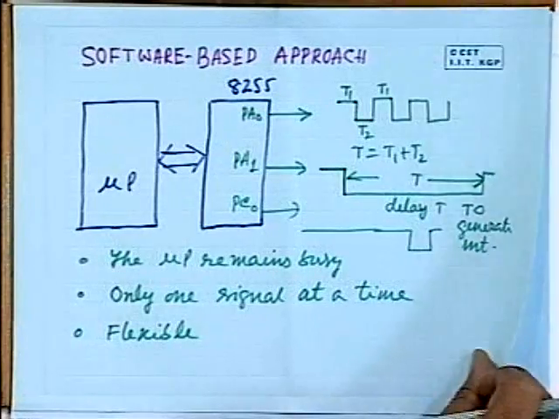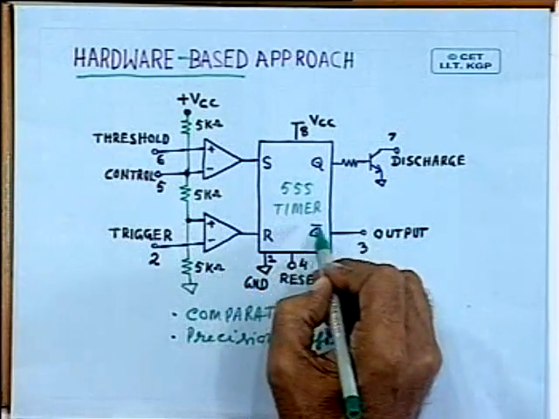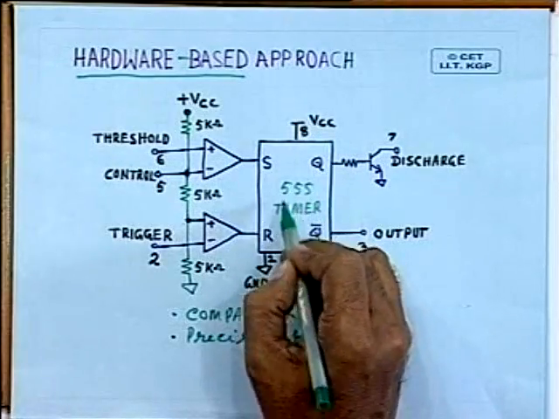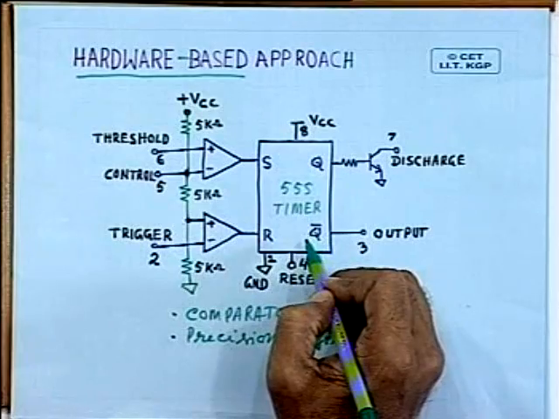So, the next approach is to use purely hardware based approach. A purely hardware based approach can be implemented by using suitable device like 555 timer. This is a 8-pin integrated circuit chip.